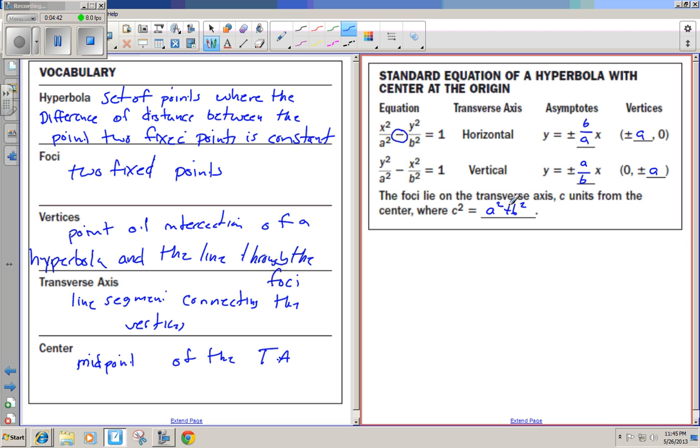So coming up with the foci should not be as difficult, because it doesn't matter where you put A and where you put B.